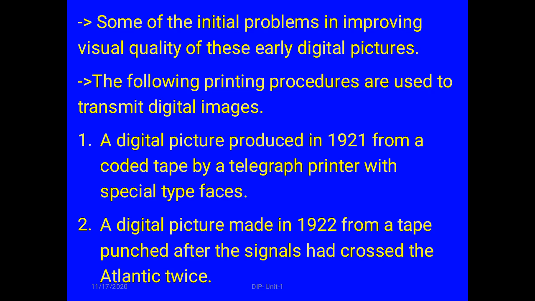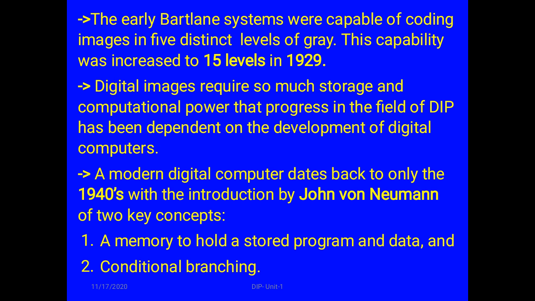A digital picture was produced in 1921 from a telegraph printer. In 1922, a digital picture was made from tape punched after the signal crossed the Atlantic twice. Next, in 1929, Bartlane systems were capable of coding images.